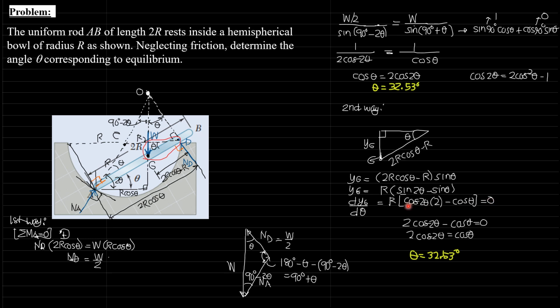So 0 over r is still 0. This gives 2 cosine 2 theta minus cosine theta equals 0, or 2 cosine 2 theta equals cosine theta, which is the same equation as this. Because they are the same, theta is also the same, 32.53 degrees. So that's it for this video.